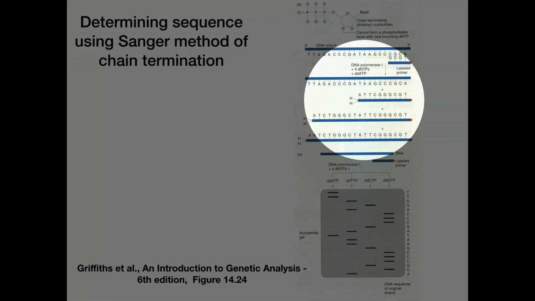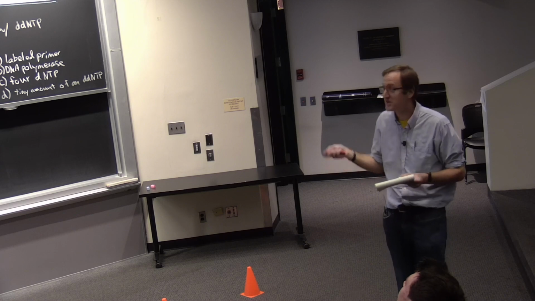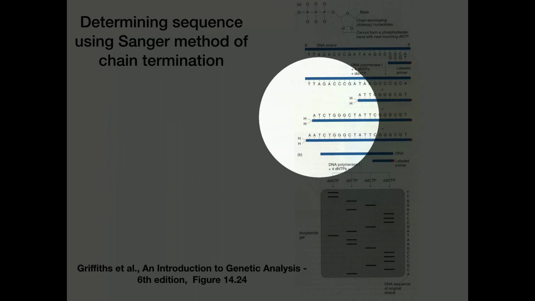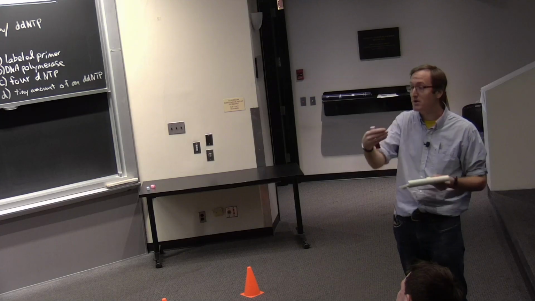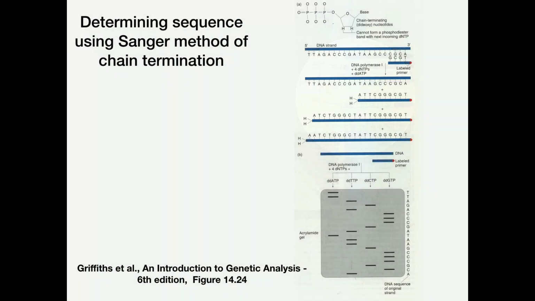But the other possibility, because there is still the deoxy form of the NTP present, is that it incorporates a deoxyadenosine triphosphate there and keeps going, and then incorporates a dideoxy ATP later on, where you have another T. And so the polymerase will essentially randomly stop at these different thymidine residues, depending on whether or not a dideoxy nucleoside triphosphate is incorporated.